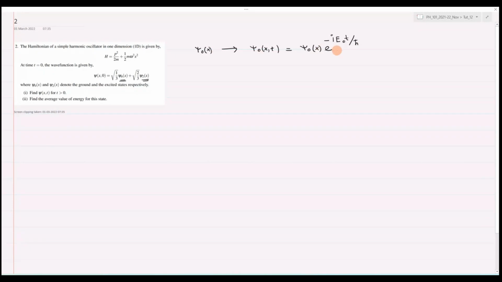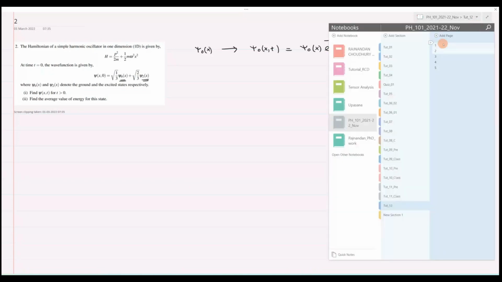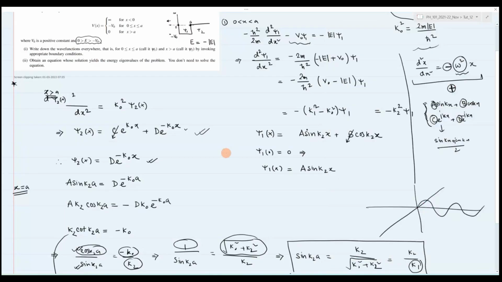Sir, I had a doubt. In the first question, they've asked us to write the wave function. When they ask us to write a wave function, you don't need to normalize it. Can we just write sine k x and C e raised to minus k naught a, or do we have to normalize A and C?